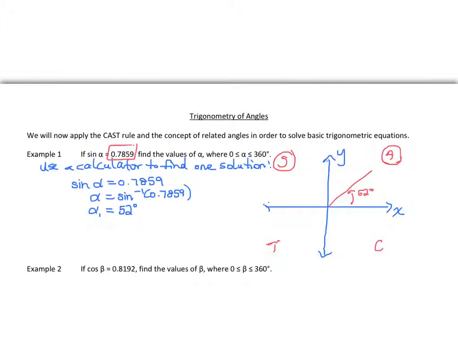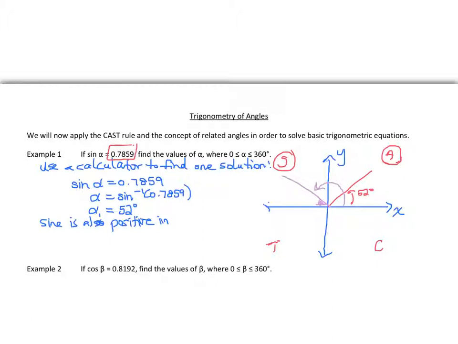So if I draw the related angle in quadrant 2, it would have a reference angle here of 52 degrees. And then we could find the measure of that angle. So let's make a note here.